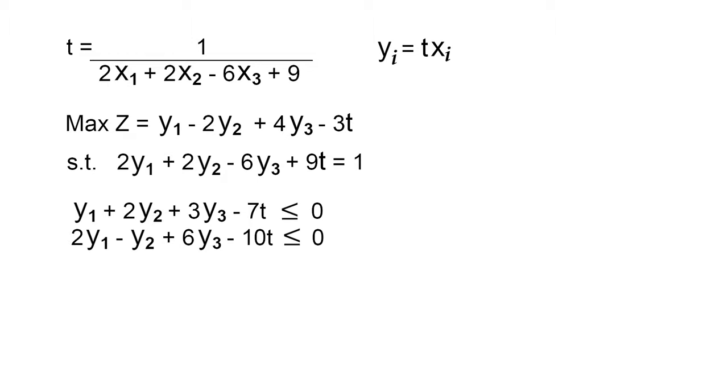With y sub 1, y sub 2, y sub 3, and the variable t all greater than or equal to 0. Here we saw how we were able to transform a fractional objective function into a problem of linear modeling. This can now be solved using the solutions to linear equations that we have studied before.